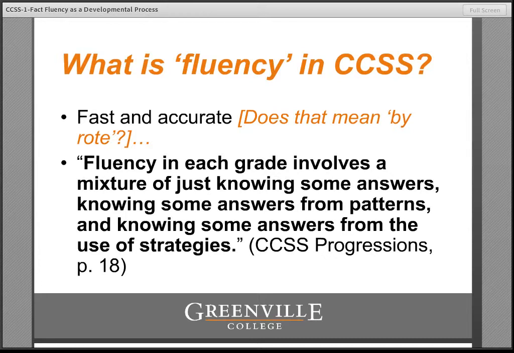It makes sense that these facts will just be so familiar to children by the time they complete first grade that they know them without thinking because they've encountered them so many times. It doesn't necessarily mean that they've had flashcards or timed tests in order for that familiarity to develop. However, it is clear from this quote that fluency does not only mean that students just know without thinking. It also includes some answers from patterns and from the use of strategies.